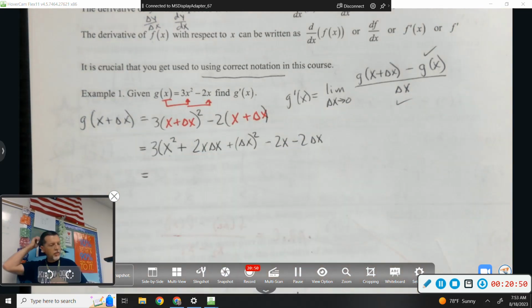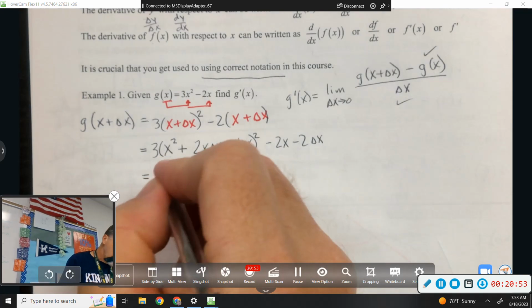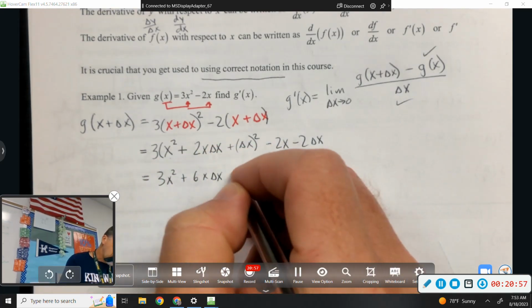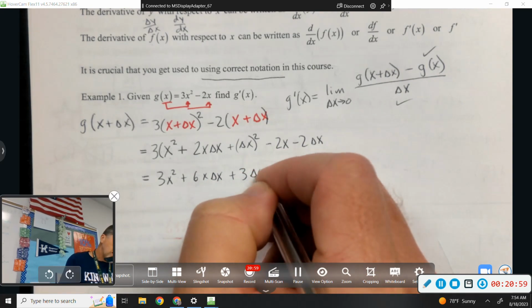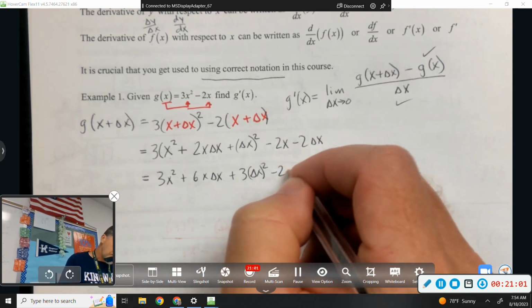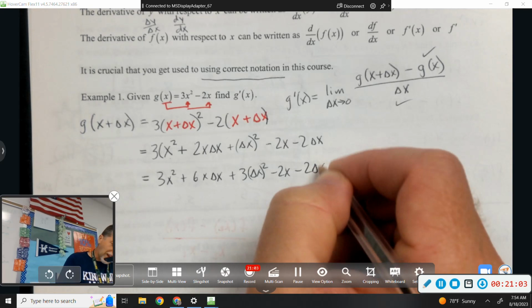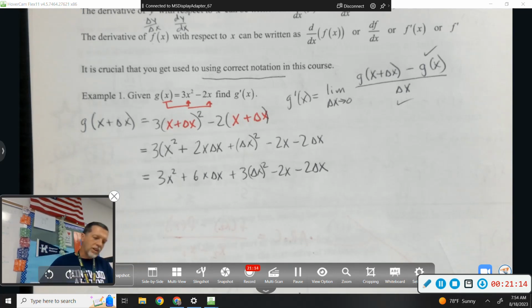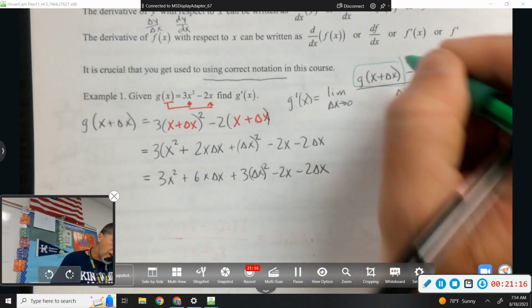Let's distribute the 3. 3x squared plus 6x delta x plus 3 delta x squared minus 2x minus 2 delta x. And that's not even my answer, right? That's just what is going to go right there.